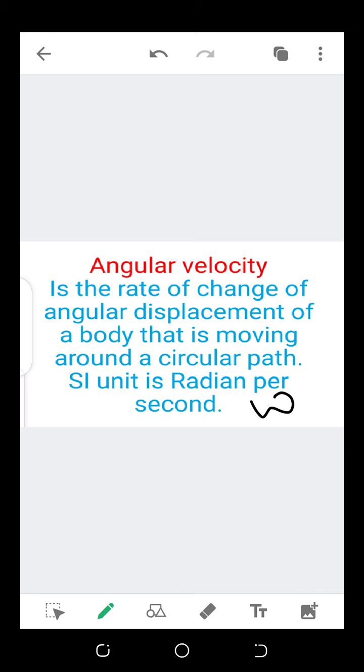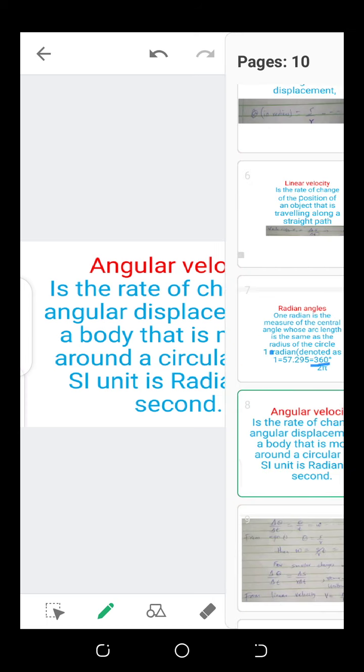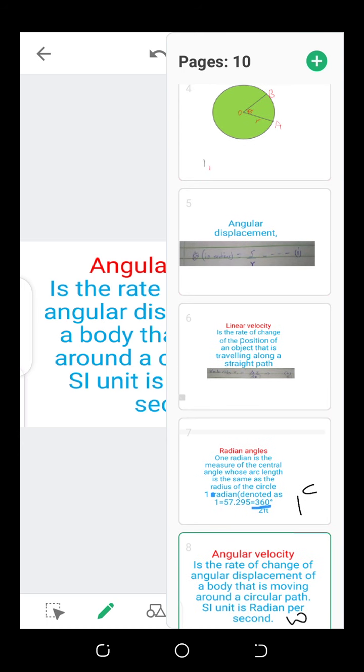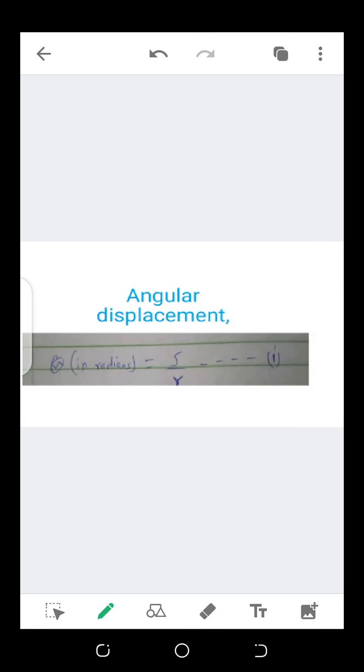Now angular velocity omega will be the change in angular displacement, you divide by the change in time. And for angular displacement, if you remember, we agreed we are going to use the letter theta. Let me remind you, we'll be using theta to represent angular displacement.